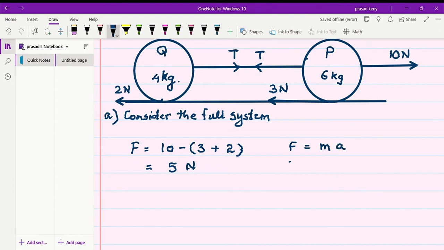F is 5. The total mass of this system will be 6 plus 4, 10, because the string is light and its mass we have neglected. So the acceleration of this system will be 5 upon 10, that is 0.5 meter per second square.